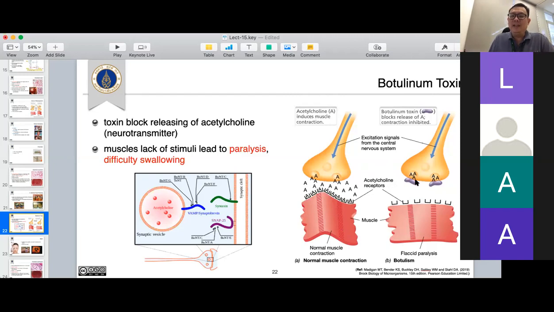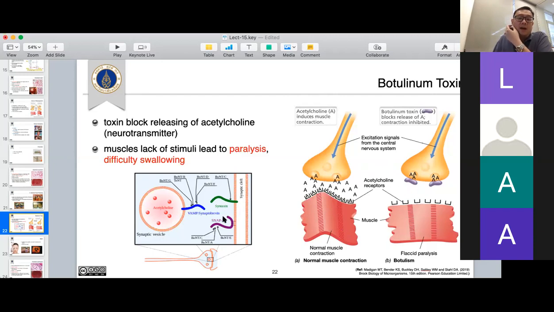Botulinum inhibits the release of acetylcholine. This is the inside of the axon. Acetylcholine stays in a compartment, the vesicle. The vesicle needs to move and fuse with the membrane here and release acetylcholine into the synapse area.